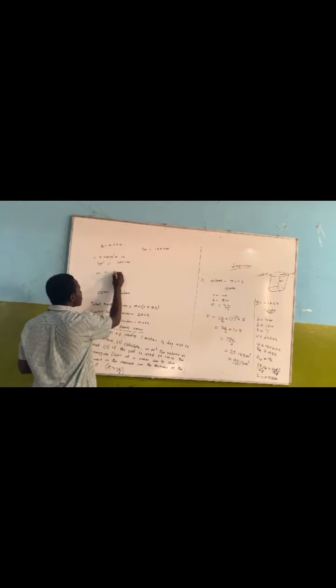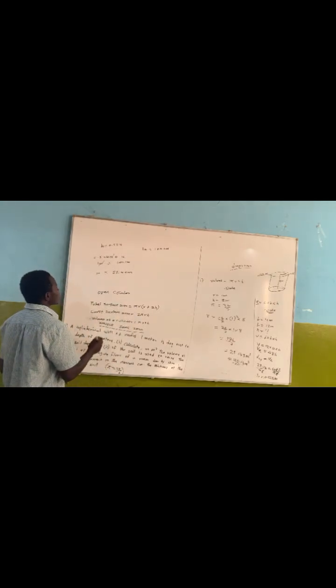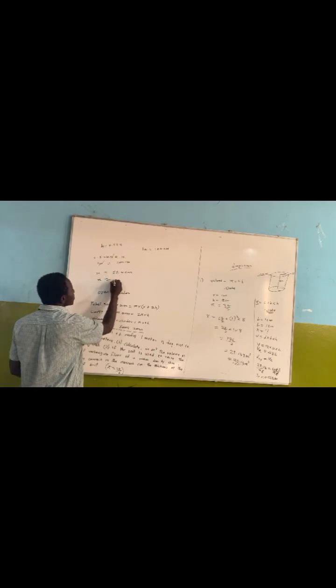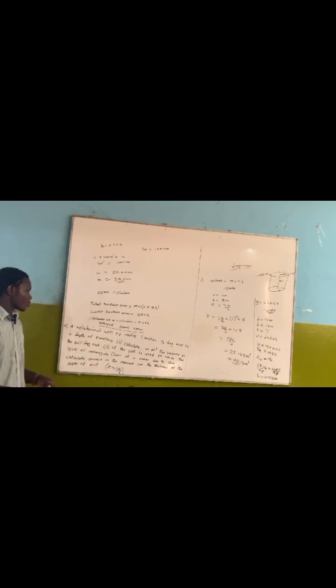That will give us 52.4 centimeter. But the question said to the nearest centimeter, so our value is going to be 52 centimeter. This is how deep the soil occupies the rectangular floor.